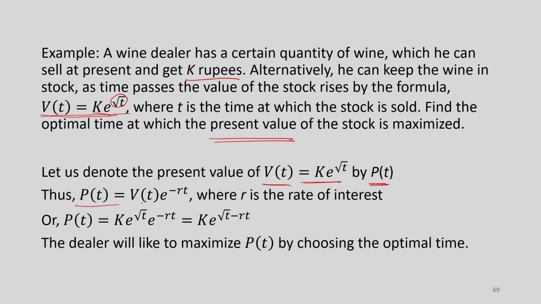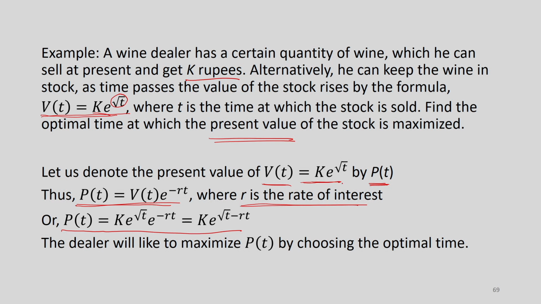Now, we know how to get the present value of anything. It is the value multiplied by e to the power minus r multiplied by t, where r is the rate of interest. So, this we shall use to get the complete function of Pt, because we have to substitute Vt in this formula.